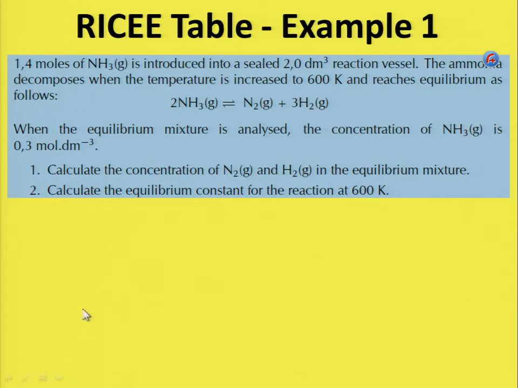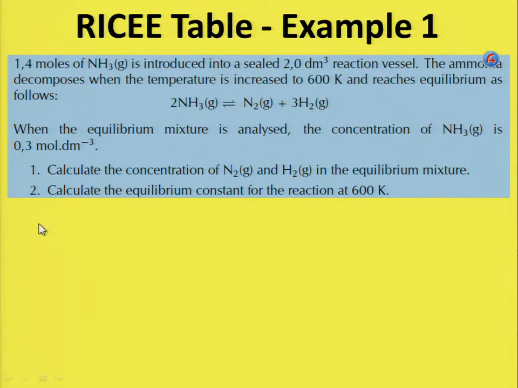So, example 1. 1.4 moles of ammonia is introduced into a sealed 2 cubic decimeter reaction vessel. The ammonia decomposes when the temperature is increased to 600 Kelvin and reaches equilibrium as follows. So this is your chemical reaction. The ammonia is the reactant and the nitrogen and hydrogen that form are the products.